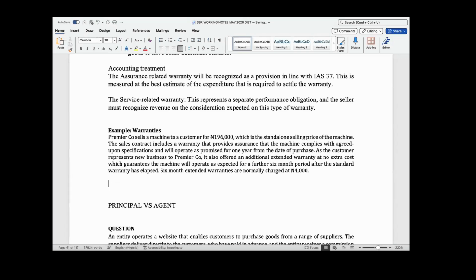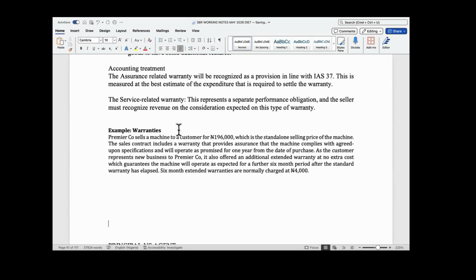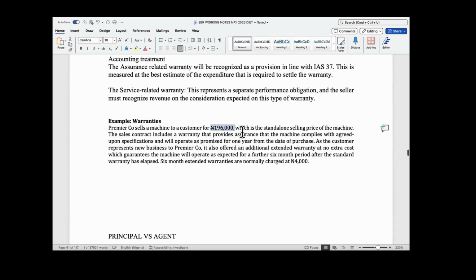Now, let's look at this scenario just to make it clearer for you. Premier Co. sells a machine for 196,000, which is the standalone selling price of the machine. The sales contract includes a warranty that provides assurance that the machine complies with agreed-upon specifications and will operate as promised for 1 year from the date of purchase.